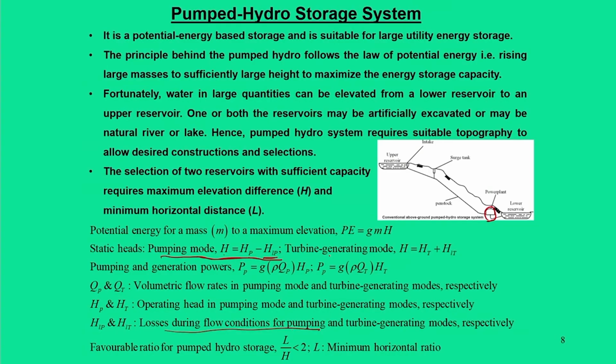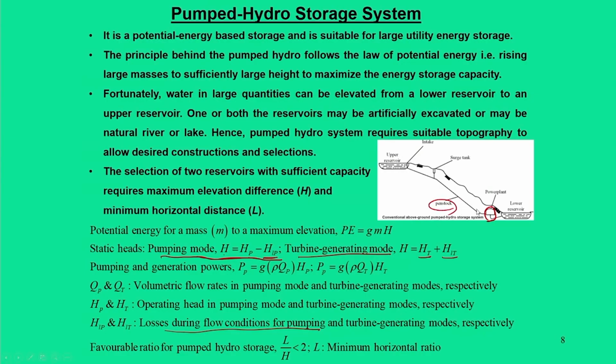Now, when that hydro storage energy runs in turbine generating mode, we have the head available in the turbine and head losses during the operation of turbine mode. Those losses come by virtue of the length over which the water flows in the pipe, which we call a penstock.